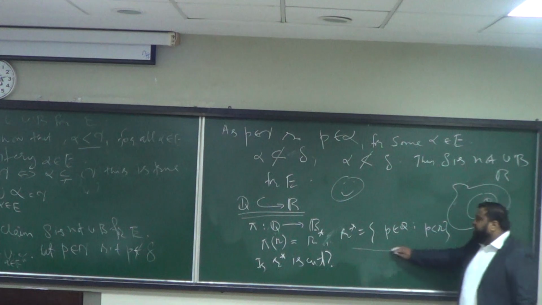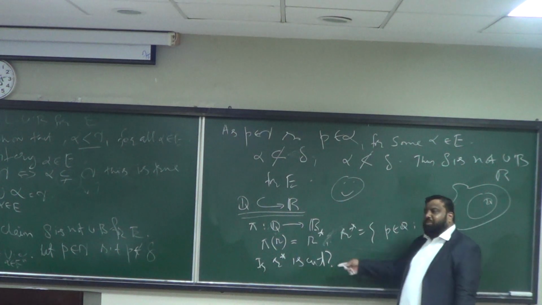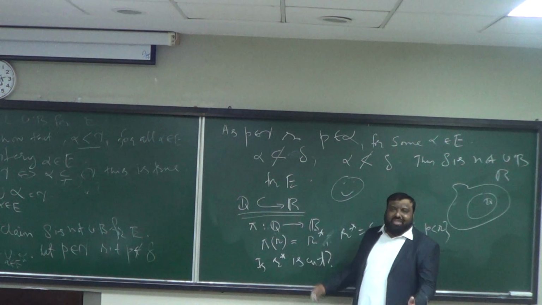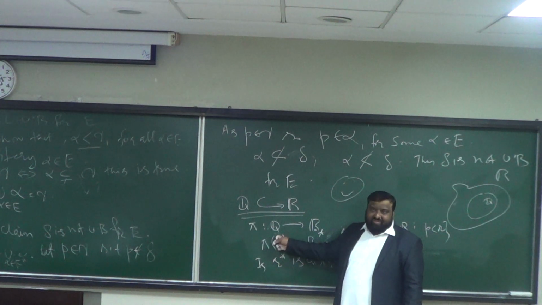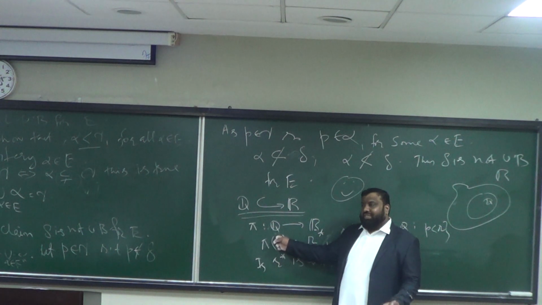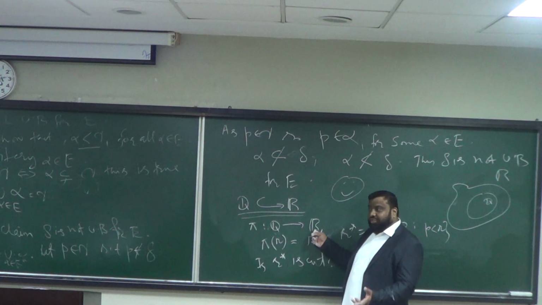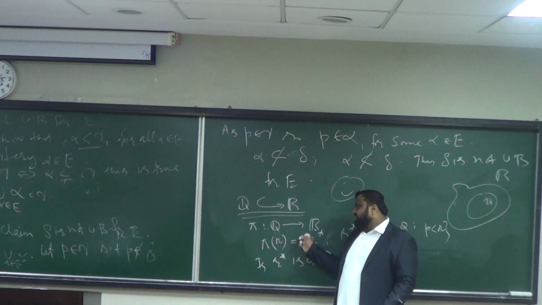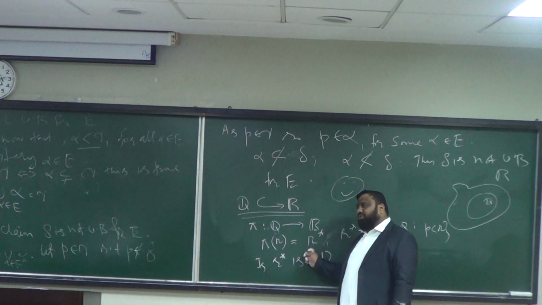So the second thing that we need to show is the uniqueness. So the existence problem is solved actually. When you think of existence and uniqueness, what do you mean by that? For every element in Q, there exists an element in R star which can be treated as its image. For example, if I take R from Q, then there must be a cut here which corresponds to it.